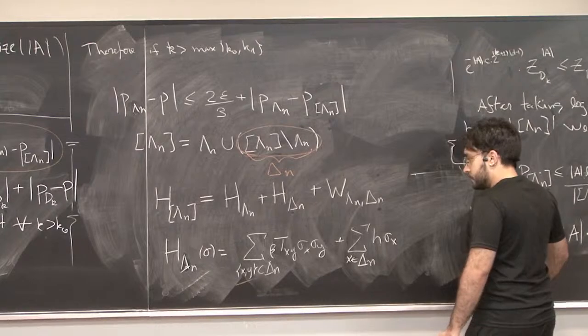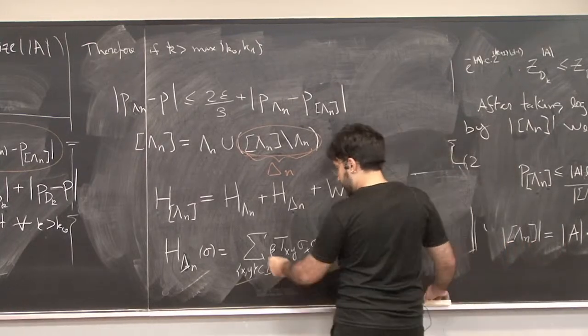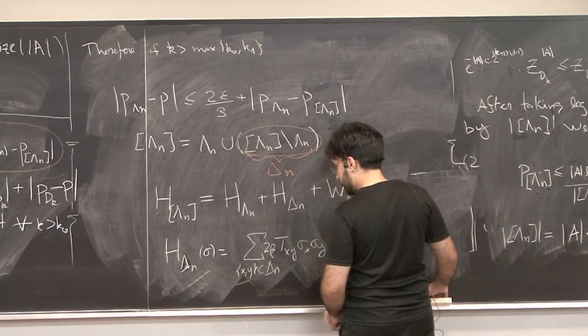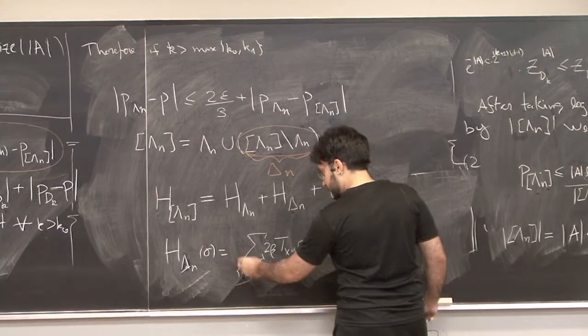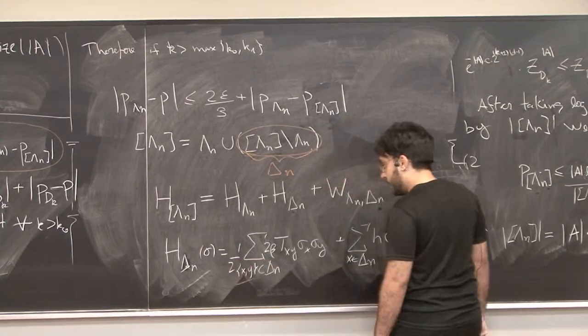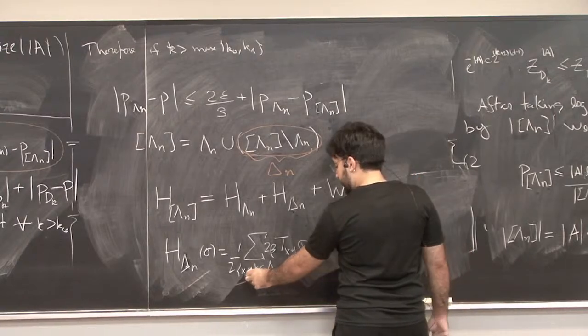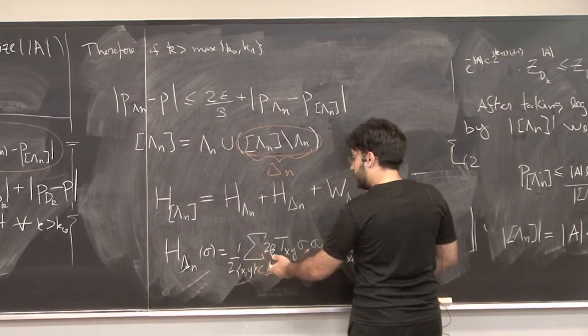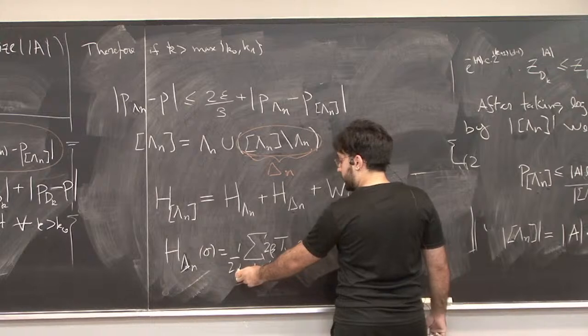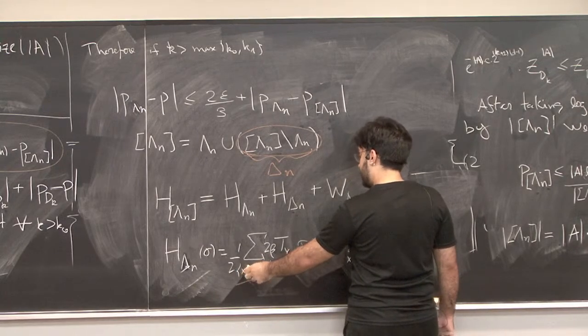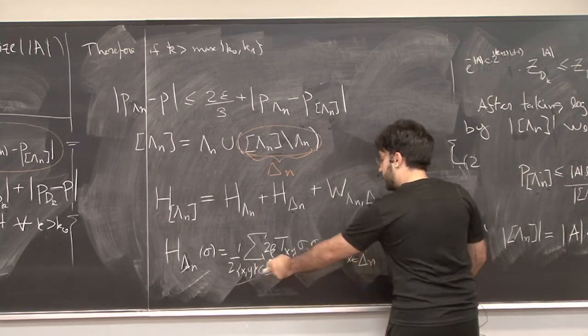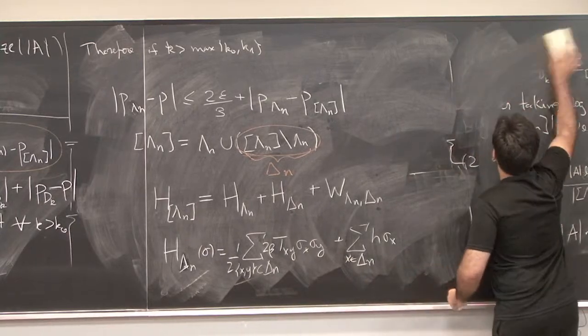So if I multiply this by 2 and divide this by 2, I can transform this sum into a sum over subsets of 2 points inside here.